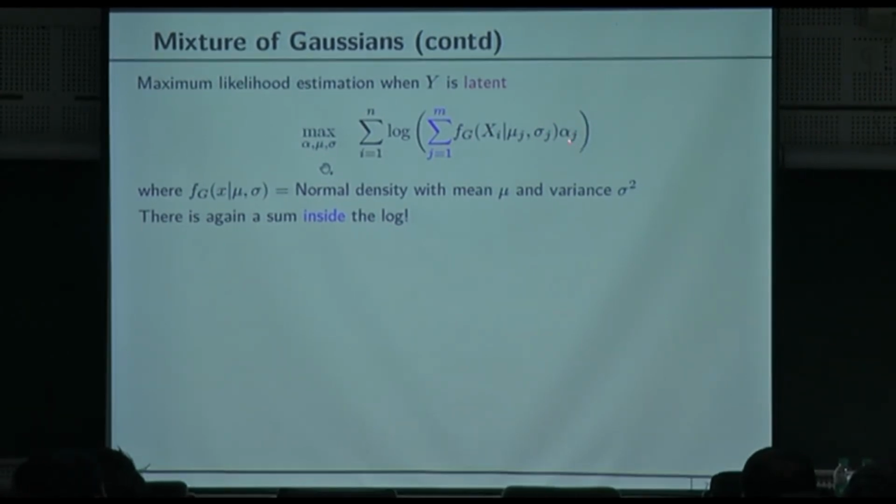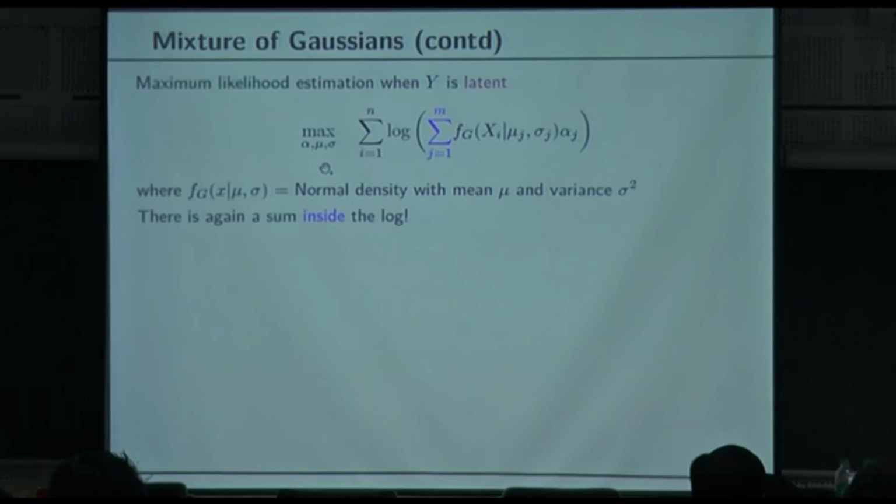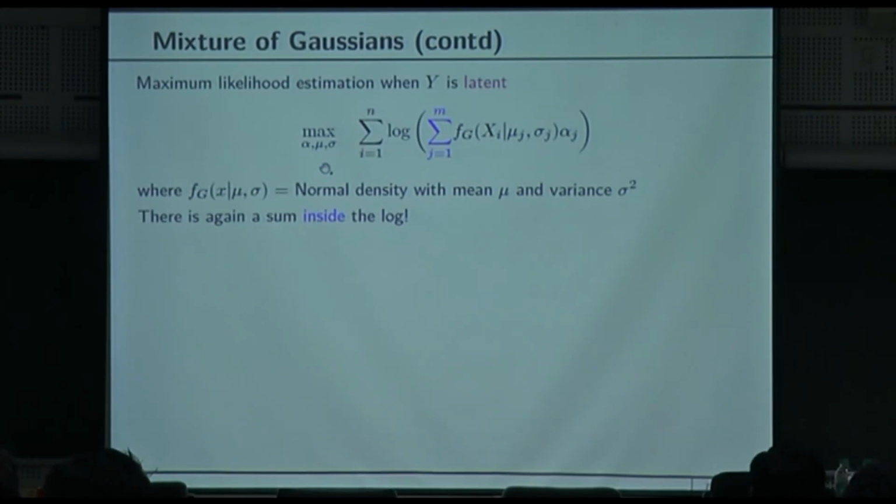If it came from class j, the probability of seeing xi is just a normal density with mean mu j and standard deviation sigma j. I sum it over j because I don't know which class they came from. This log is simply taking the log of the distributions, and this summation outside is coming from the fact that we have capital N IID experiments. Now life looks a little bit more complicated because everything is mixed up here.